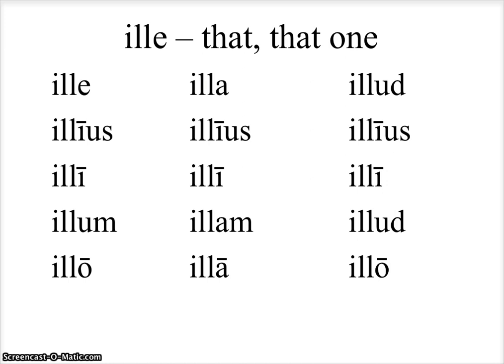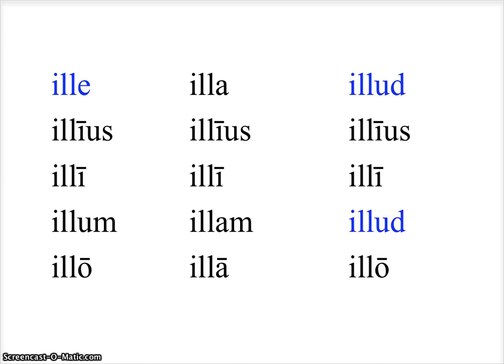Now let's look at ille. Okay, once again, we have very similar endings. We're looking at something that's roughly first and second declension with some strange additions. Here in the singular, notice ille, nominative singular masculine, a little bit odd. That man, that one. And the neuters illud, illud, nominative and accusative.